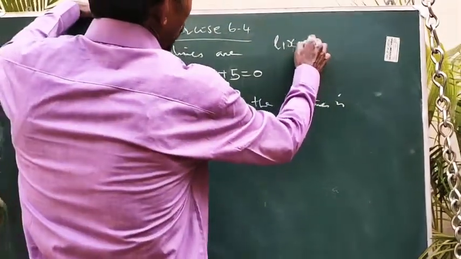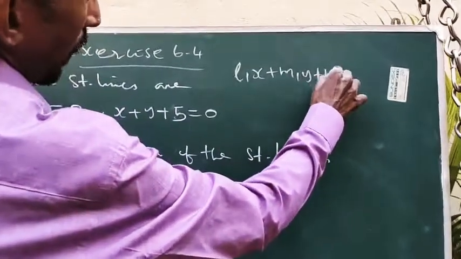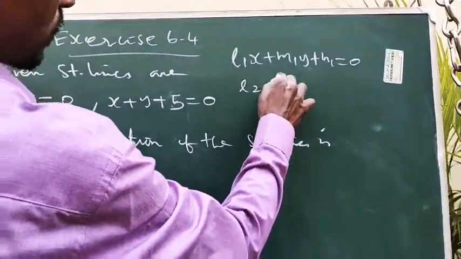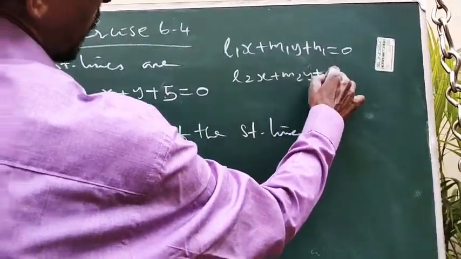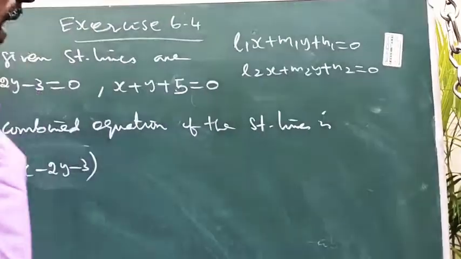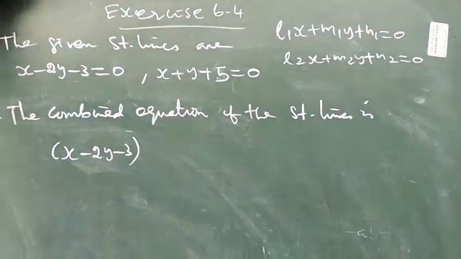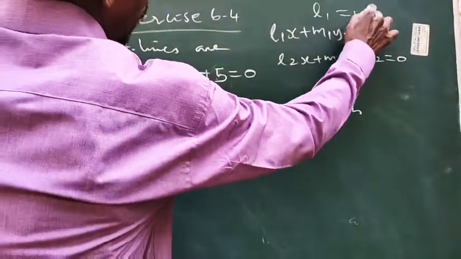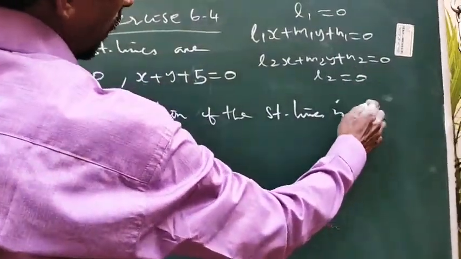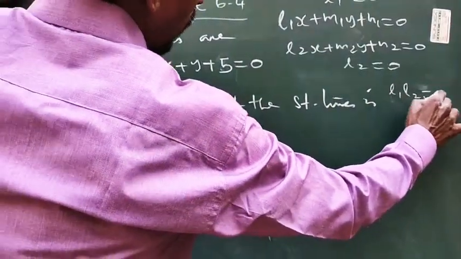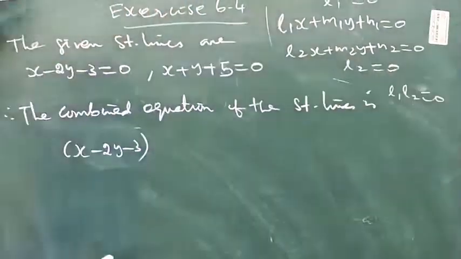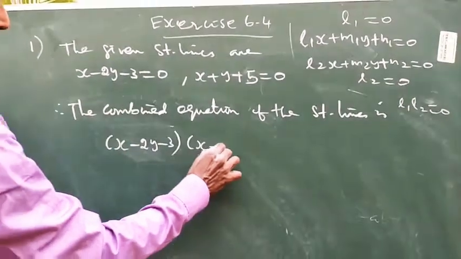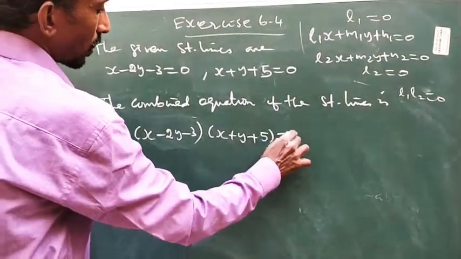If L1x + M1y + N1 = 0 and L2x + M2y + N2 = 0 are separate equations, the combined equation means the product of the two. Suppose L1 equals 0, L2 equals 0. The combined equation means L1 into L2 equals 0. We can write it directly, the first one into the second one equals 0.